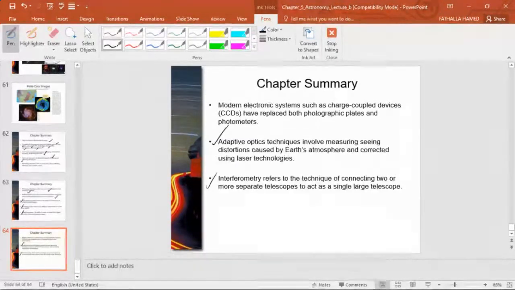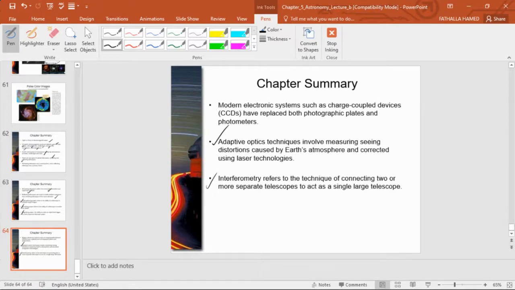So in this chapter, I'm just trying to give you an idea of how advanced humanity has become in using all of these different ranges of electromagnetic radiation and the tools. So we want to present it here briefly. We're not going to go into details.